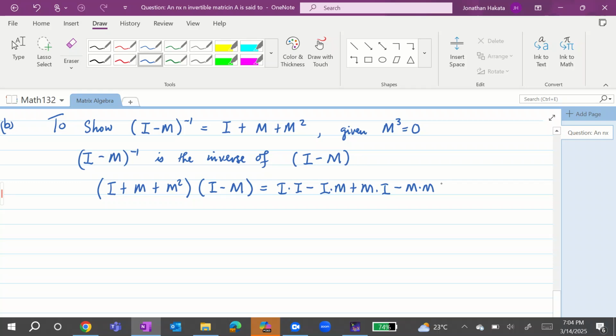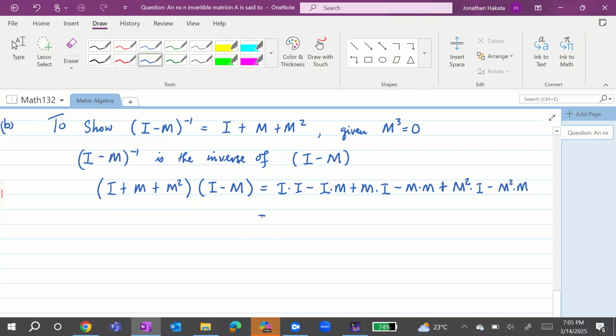And then plus M squared times I, and lastly M squared times minus M is minus M squared times M.